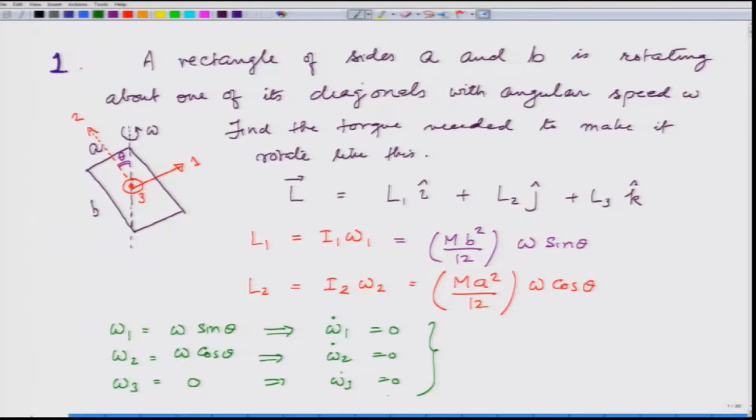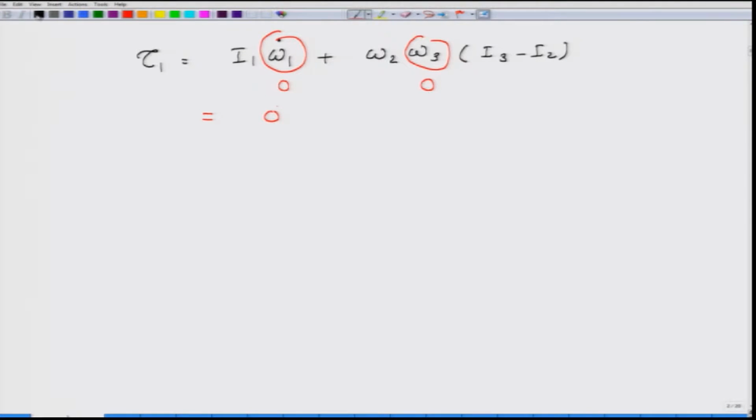Let us now apply Euler's equations to this. So, Euler's equations tell me that tau 1 is going to be I1 omega 1 dot plus omega 2 omega 3 times I3 minus I2, and we have already seen that omega 3 is 0, omega 1 dot is 0, and therefore, tau 1 is 0.